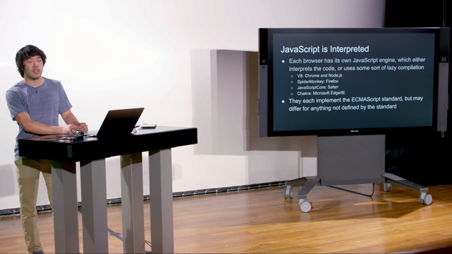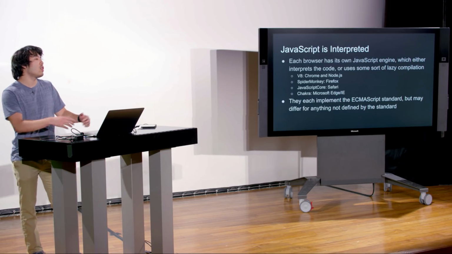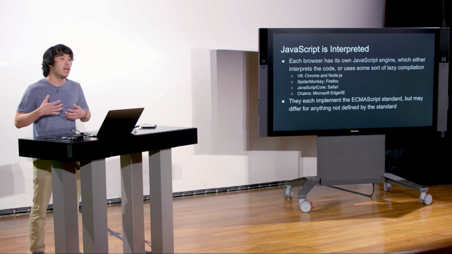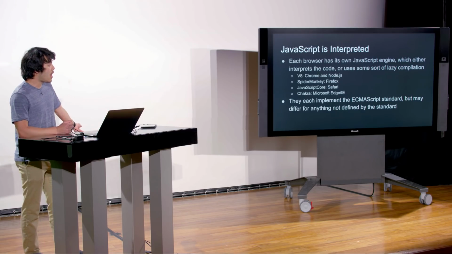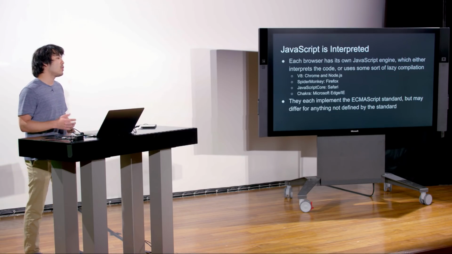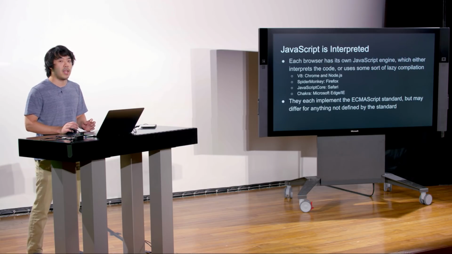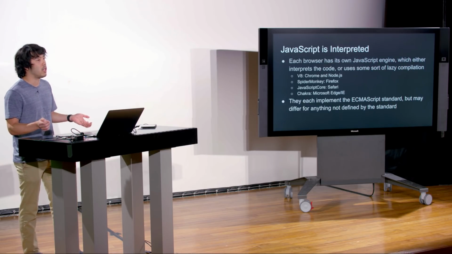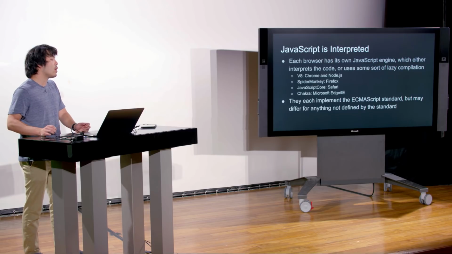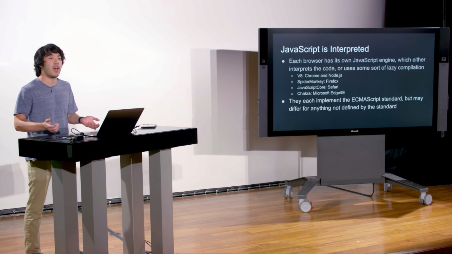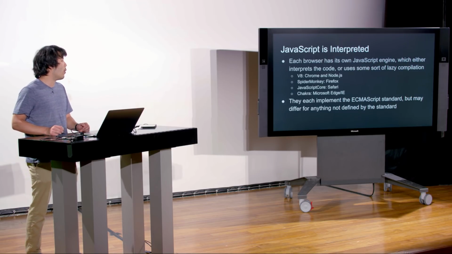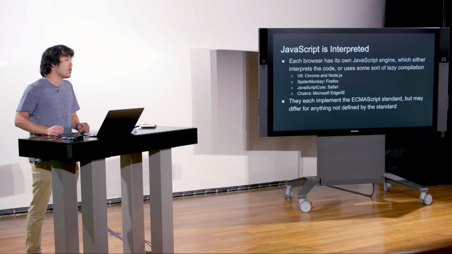They're in charge of putting out a spec, meaning, I know you have this language, but this is exactly what this language needs to do. And for every single function, this is exactly how this function should behave. Each of these browsers' engines implement this standard. But there are some functions where the standard is a little bit hazy, or maybe it doesn't even define that particular function, and there's no hard line of exactly what that function should do. So they may differ for anything not defined by that standard.